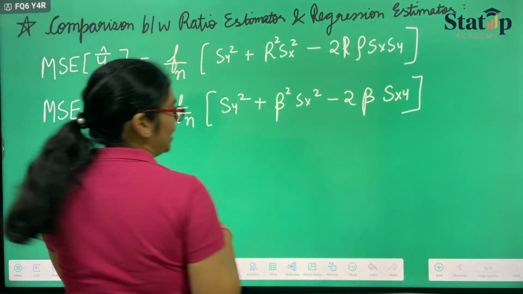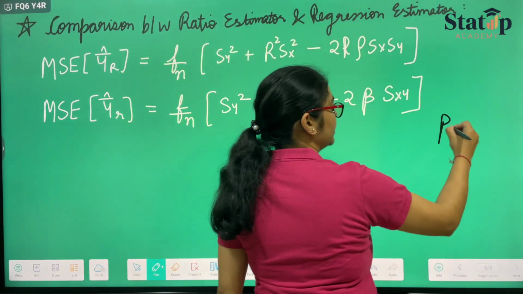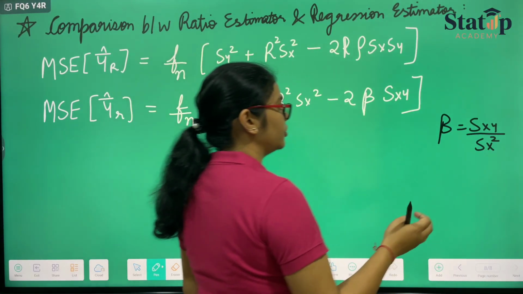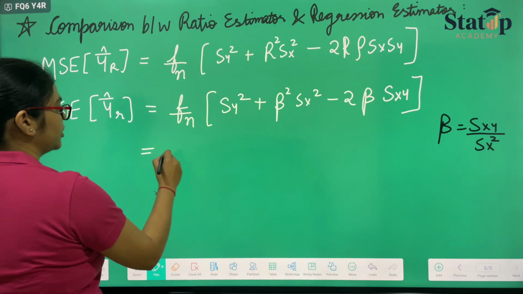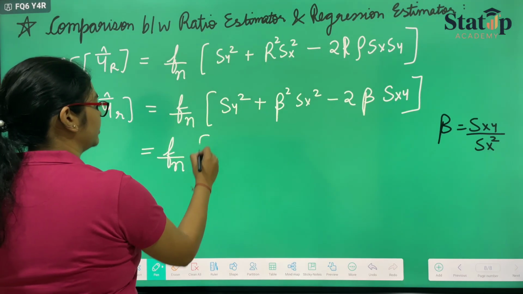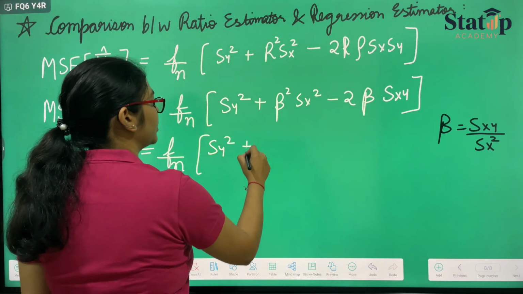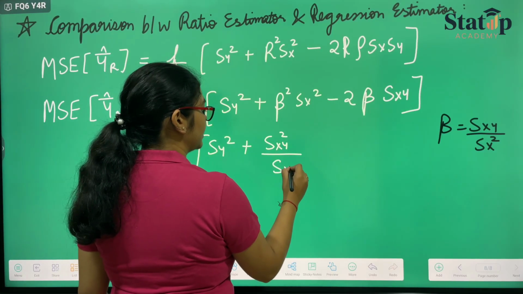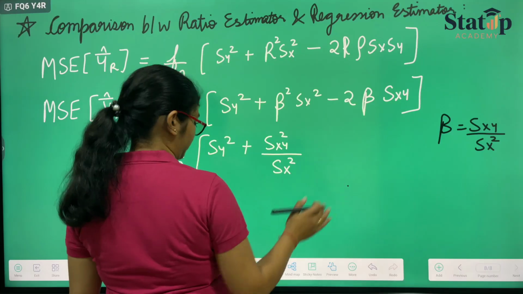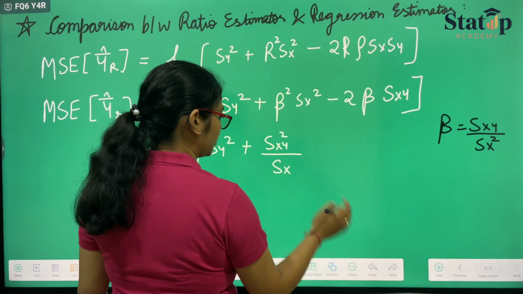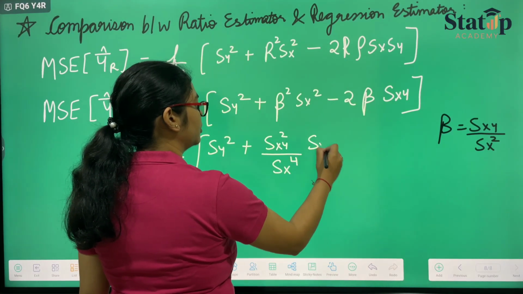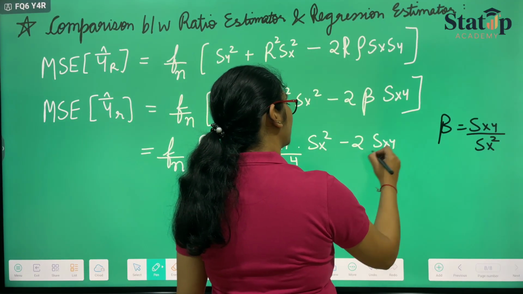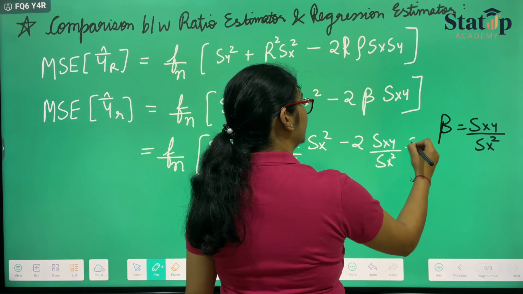So substituting the value of beta, beta was nothing but Sxy upon Sx square, we will get f by n into Sy square plus Sxy square upon Sx to the power 4 into Sx square minus 2 Sxy upon Sx square into Sxy.